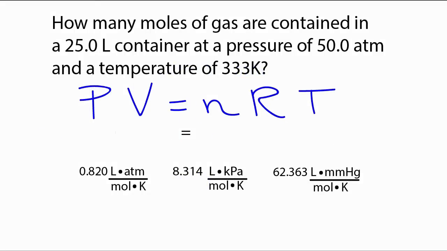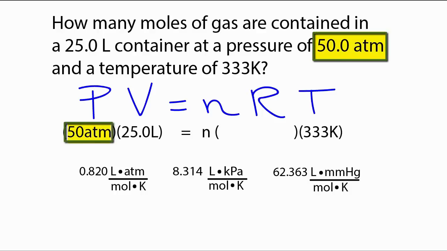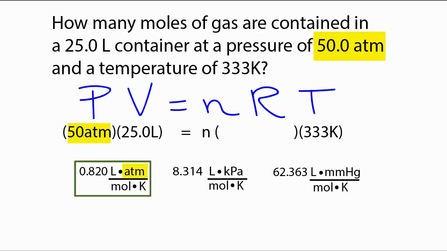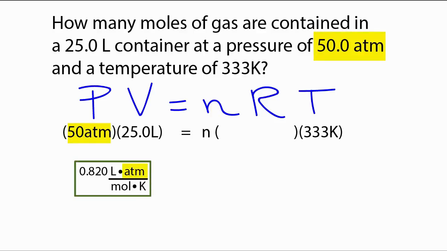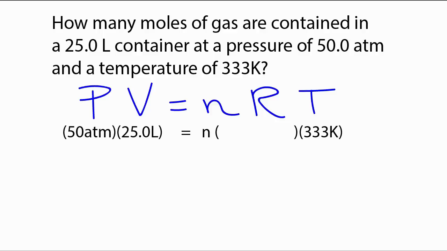So we have our equation, PV equals nRT, sometimes called Pivnert, and here I've filled everything in except for R. When I look at the problem, I can see that I have 50 atmospheres for my pressure. That means I'm going to need to use the value for R that has atmospheres in the units, and that's this one right here. To simplify, I'm not going to use the units right now, so I'm just going to put the number in the equation. Looks kind of lonely all by itself there.